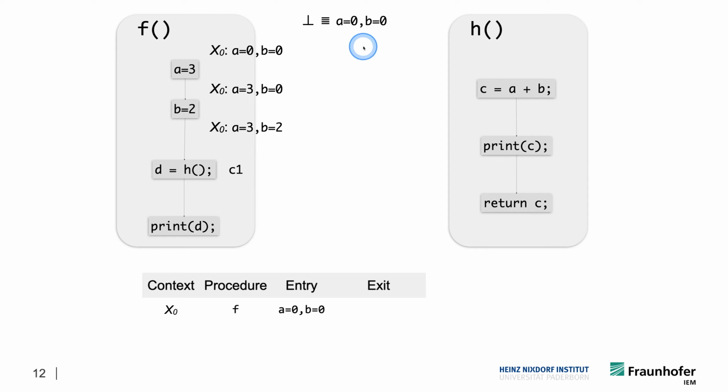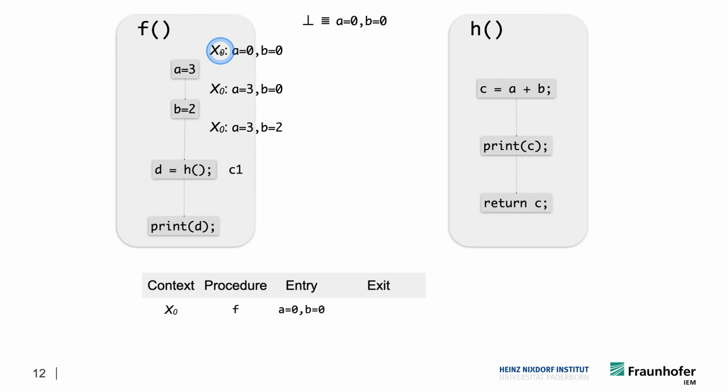Now we are also labeling that particular calling context. We are saying that F, when it is evaluated under that initial analysis information, is an initial context that we call X0. We store that information in this table: X0 is a context in which we evaluate F under this initial entry information.